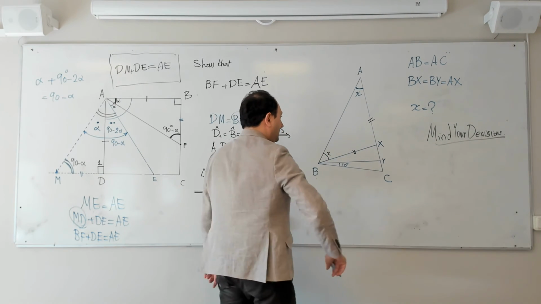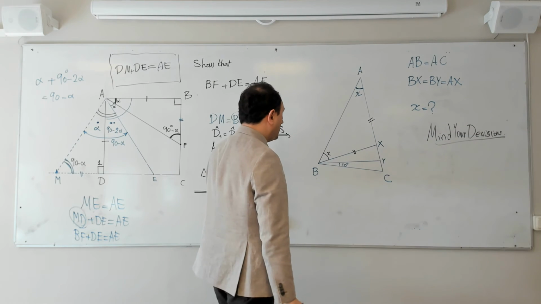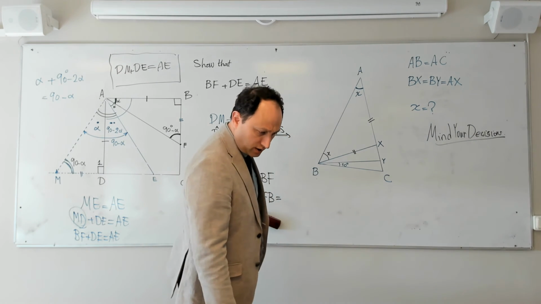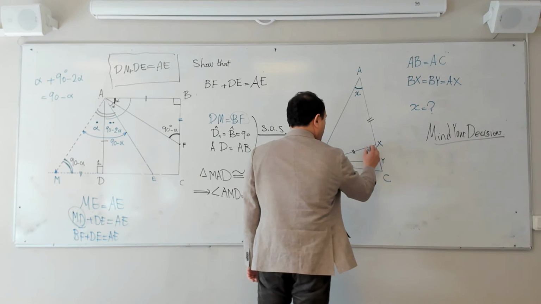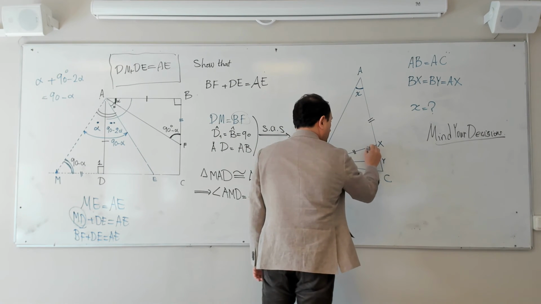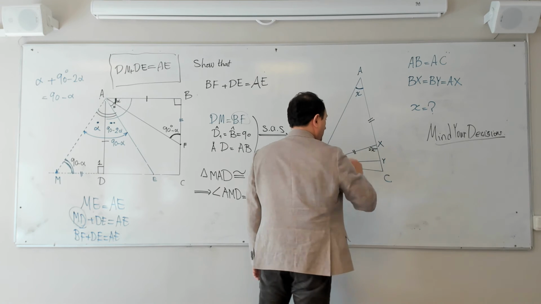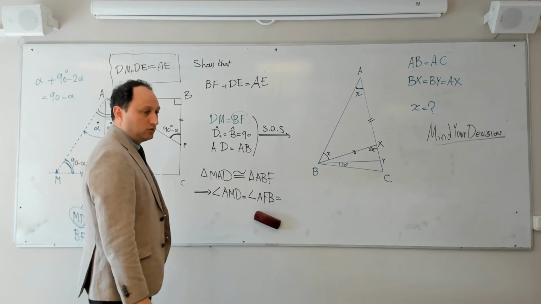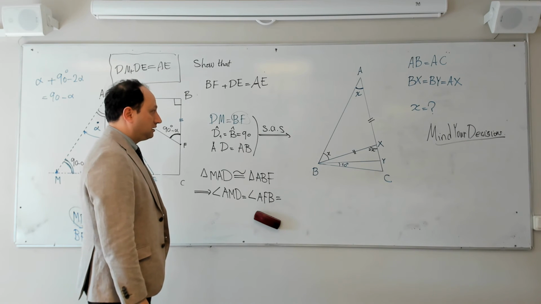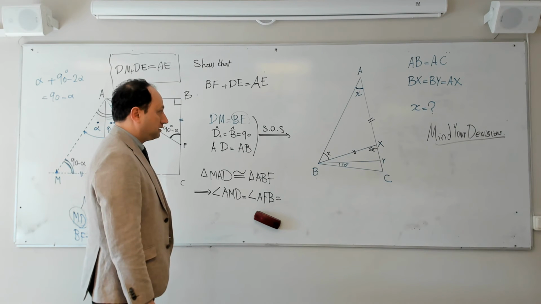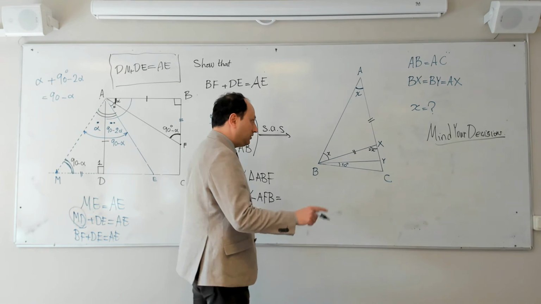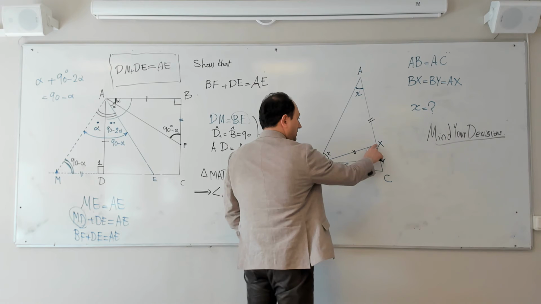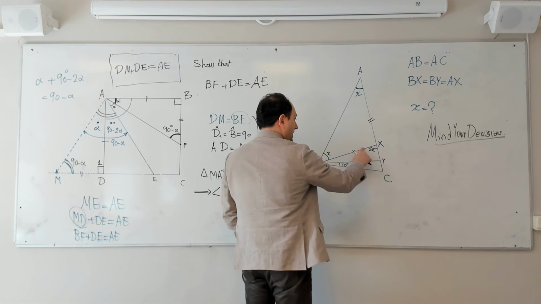Now this is the tricky part. I call this 2x. Do you agree with me or not? Yes, it is the exterior angle. So this 2x, this angle that you see, is an exterior angle.